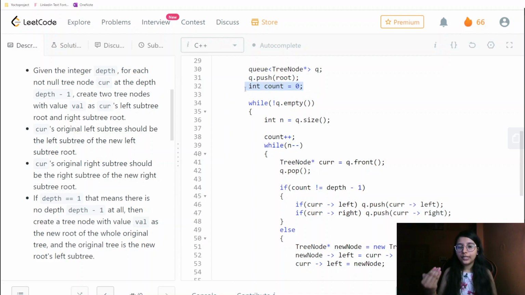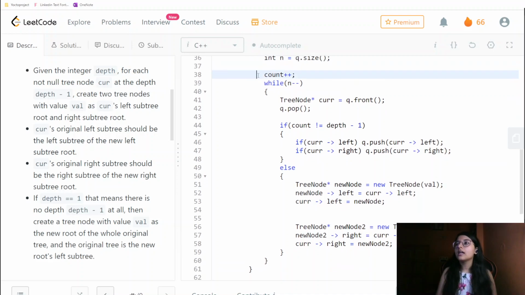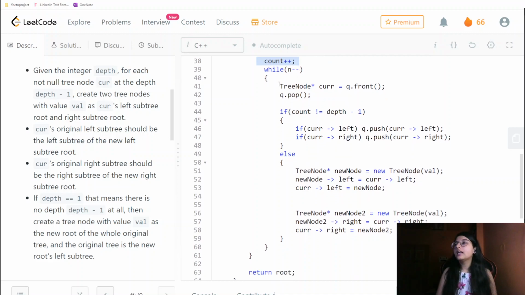This is basically for getting that at what level we have reached. Now, doing our BFS, taking our queue size so that at a particular level, we are able to process all the nodes. We are increasing the count for checking that now we are at first level, right?